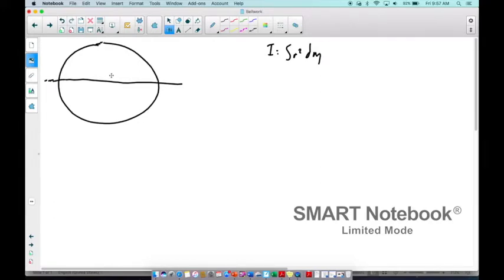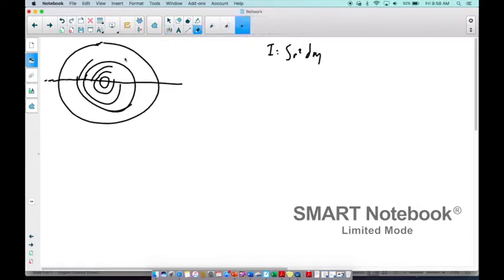I can treat this like a gobstopper, like an onion. I can see that it has layers of individual little shells, an infinite number of infinitesimal shells working out from the center. That's one way of doing it.